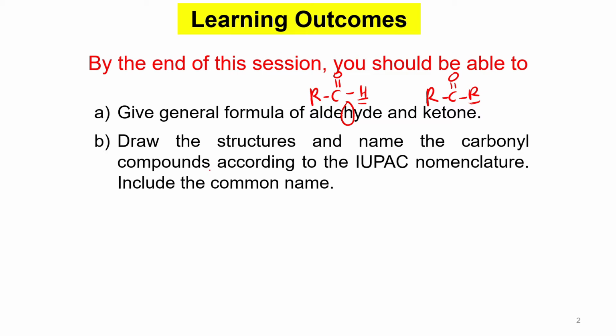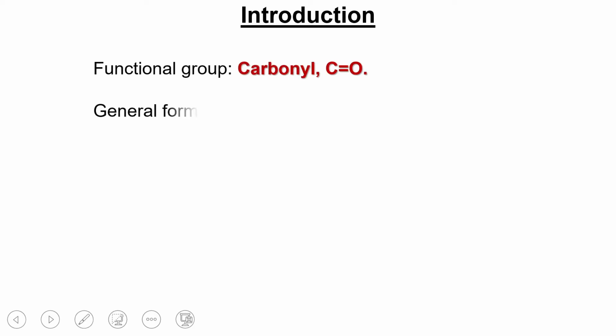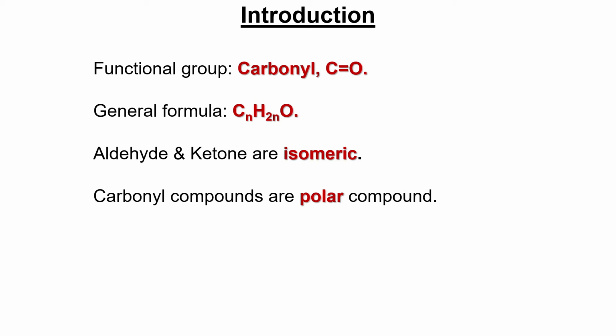B, give the structure formula and name for this carbonyl compound. From the general functional group for carbonyl, C double bond O, the general formula is CnH2nO. So we have aldehyde and ketone isomer for each other. Isomer meaning same general formula.